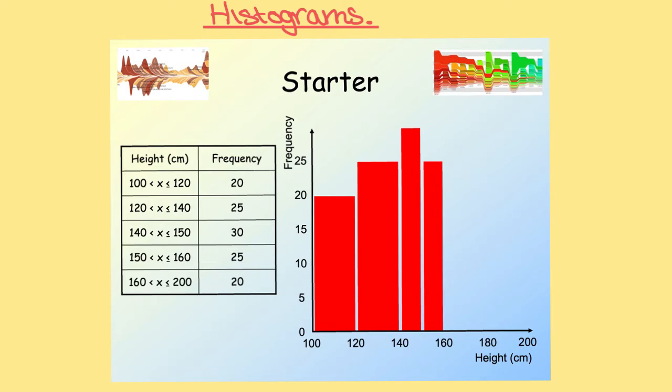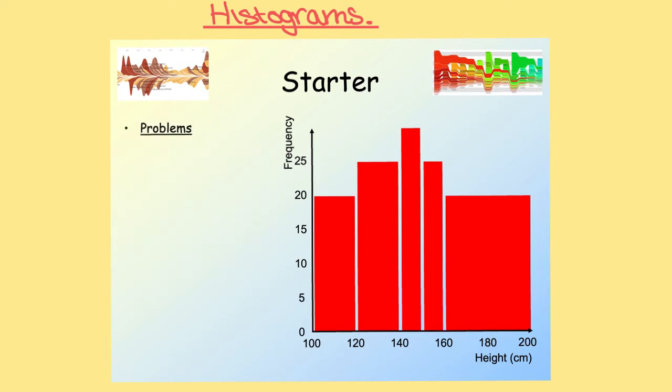Fourth bar representing heights from 150 to 160, frequency 25. And the last bar representing heights from 160 to 200, frequency 20. The problems with this are the data is continuous, so there should be no gaps.